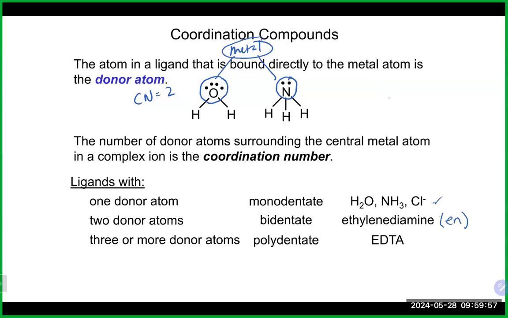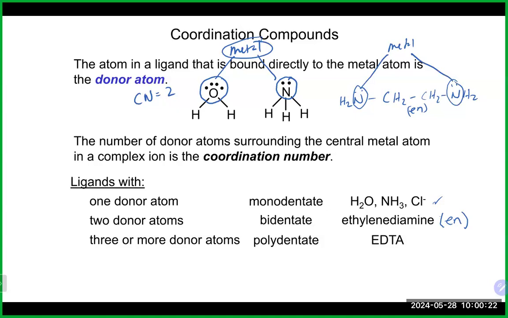It looks something like this. And here, this is basically en. If it had a metal, it would bind through both of those nitrogens in that one molecule.